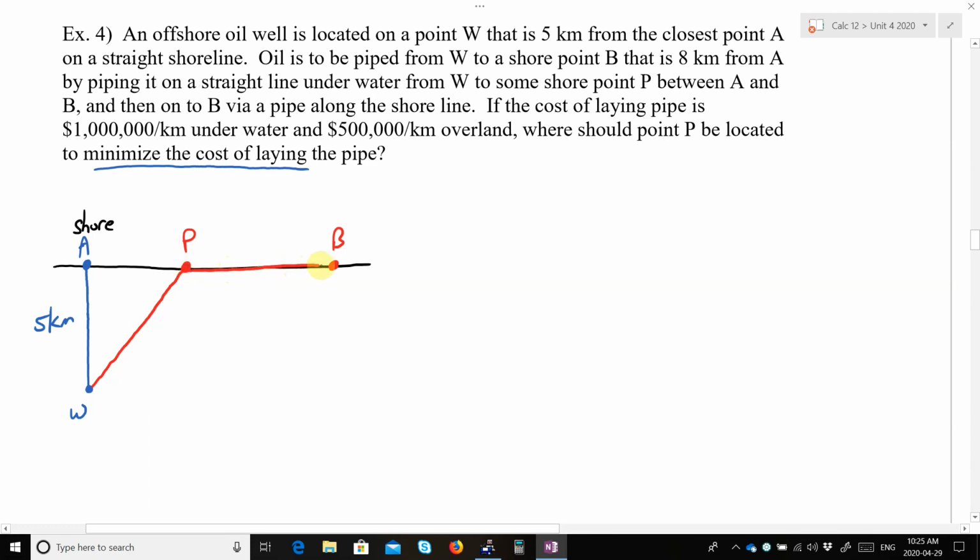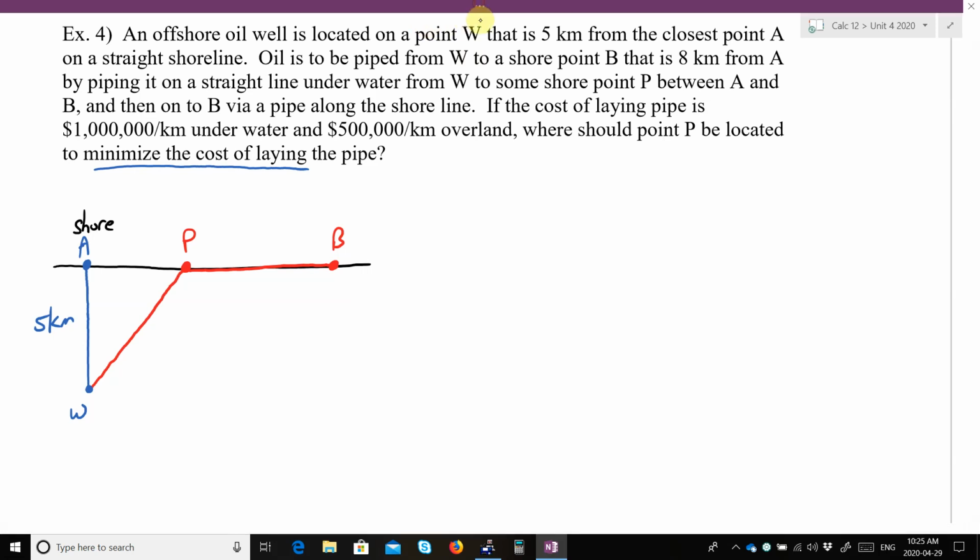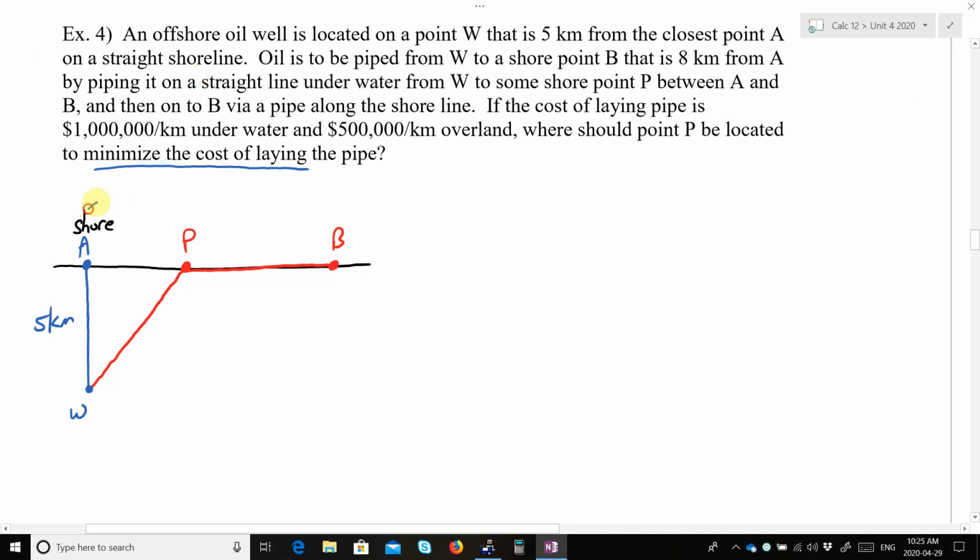So then along like this. So the oil is going to go on red like that. Okay. And it's just saying that the point B is 8 kilometers from A. So that whole thing is 8 kilometers.